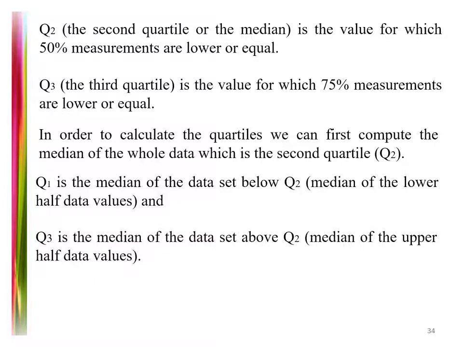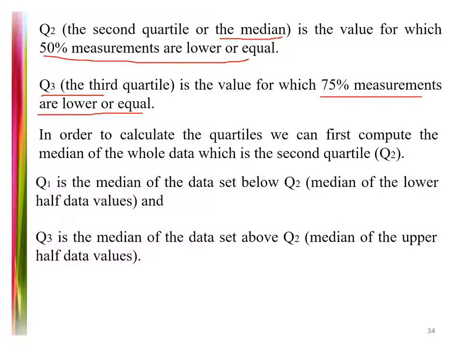The second quartile is 50% of the measurements. That means Q2 is the value at which 50% of the measurements are lower or equal. You know that the median is the midpoint of the distribution, so Q2 is a special case. Q2 is actually the median. And for the third quartile, 75% of the measurements are lower or equal.